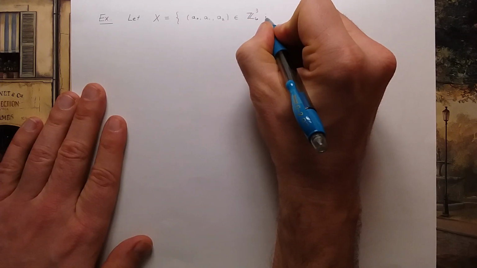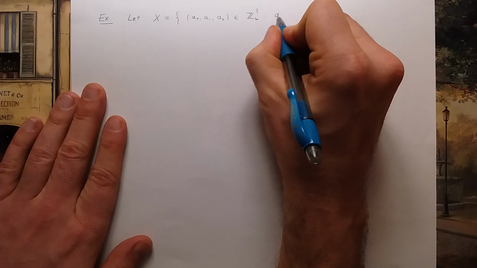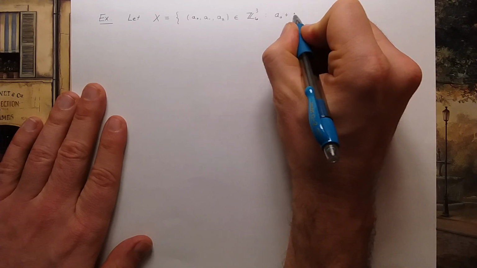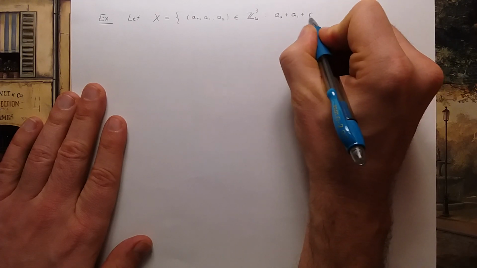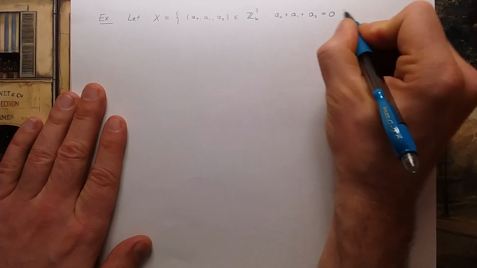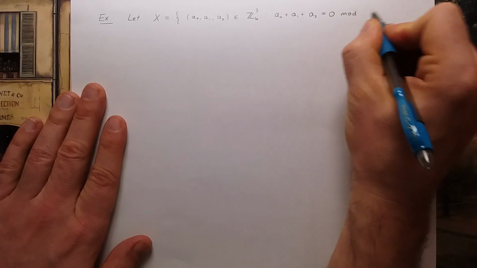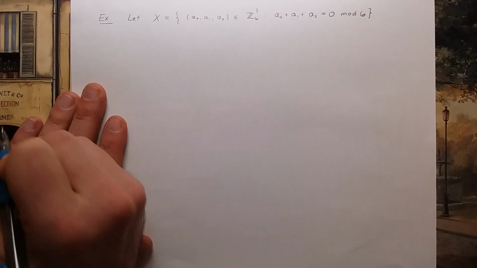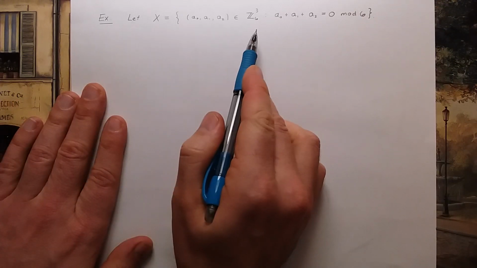And I want to consider the triples such that if I add the three coordinates together, I get 0, and that's working mod 6. So I have a set X.